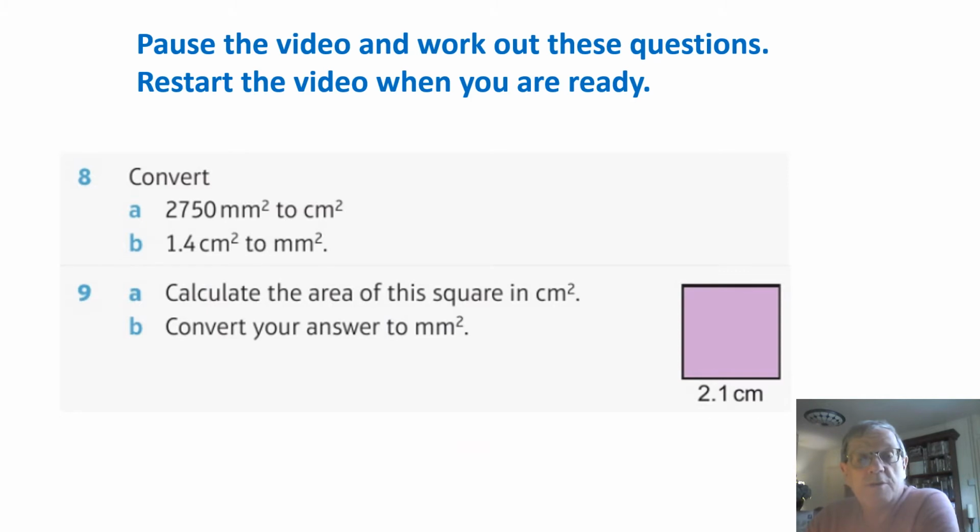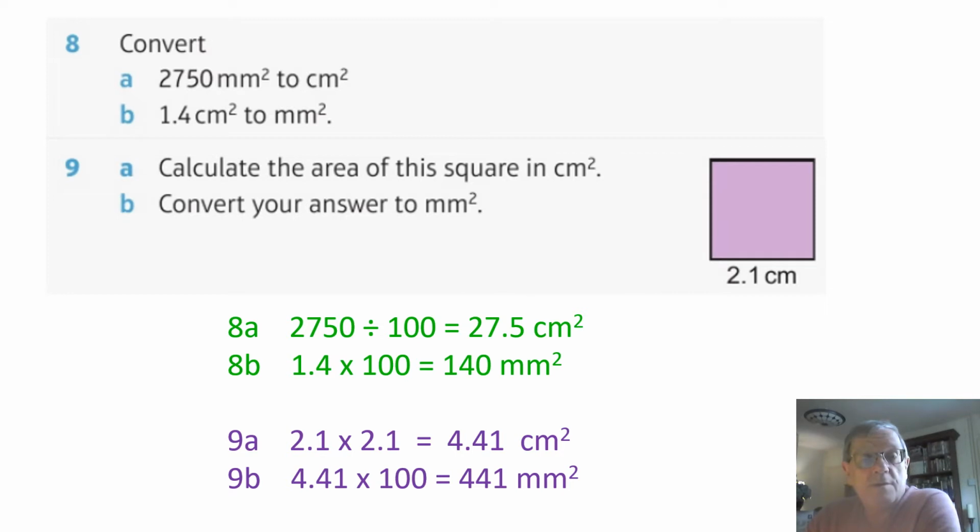So there's a couple for you to go and do. Make sure you get them right. I hope you will. Pause the video and work them out. So converting 2750 square millimeters to square centimeters, I am dividing by 100 because I'm going from the little to the big, so it is 27.5 square centimeters.